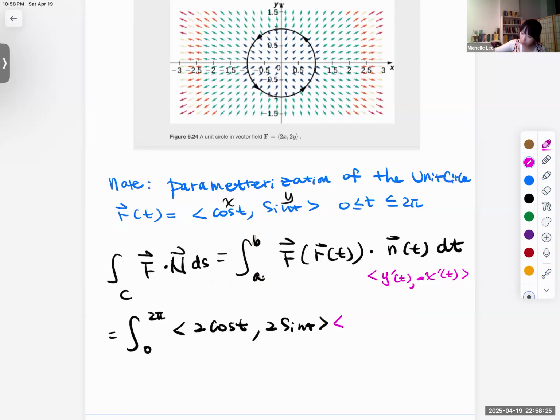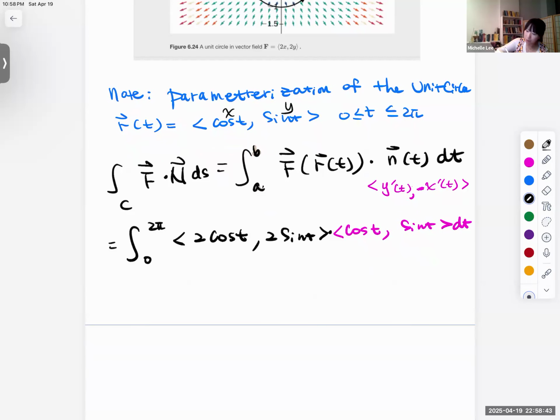So that will be cosine t and sine t, dt. Now the dot product: first component with first component gives 2 cosine squared t, plus second component with second component, 2 sine squared t, dt.